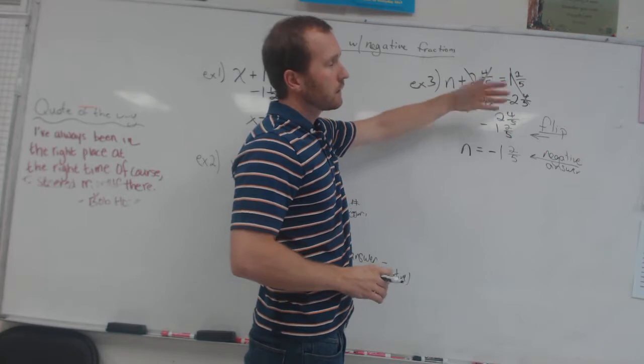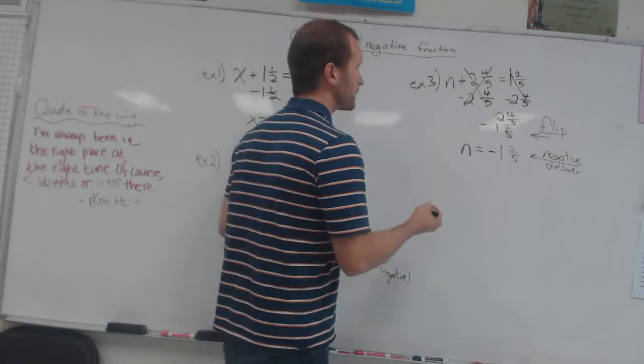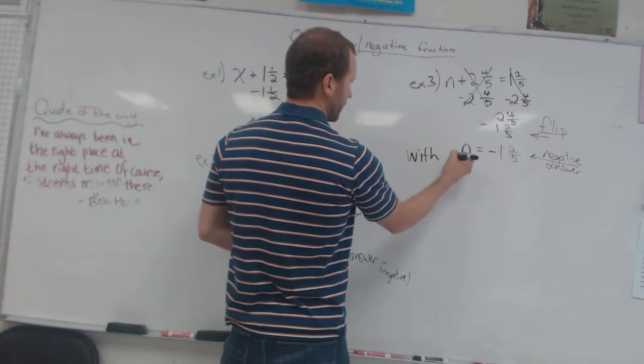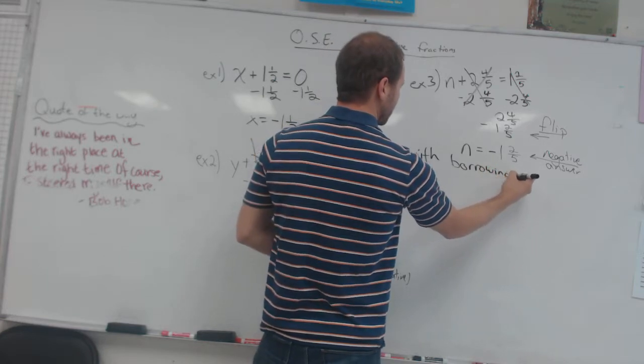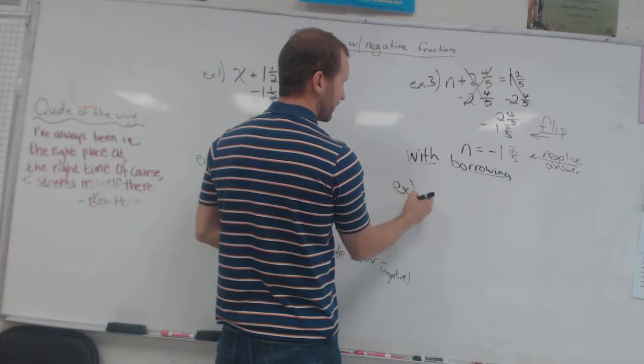Yeah. But I mean, we're going to do another example now. So we could have this with borrowing. And it's just the same thing, but then we have to remember to borrow. So here's an example with borrowing.